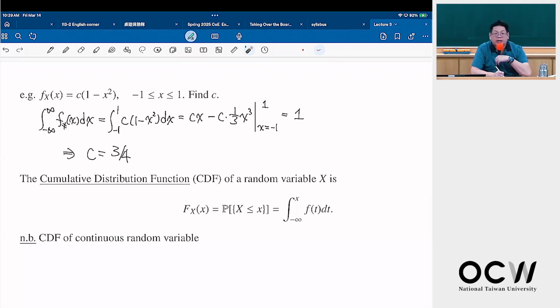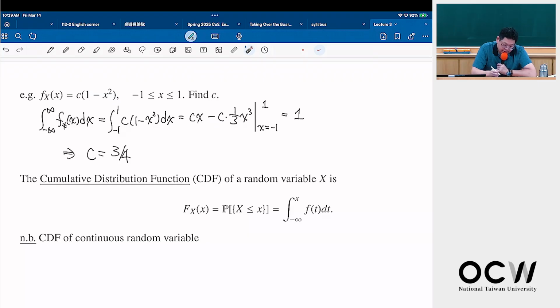Like in a discrete random variable, the PMF is the probability. Now for the continuous random variable, CDF is the probability of the random variable less than or equal to some certain point x. Make sure that you know this capital X and also this lowercase x.